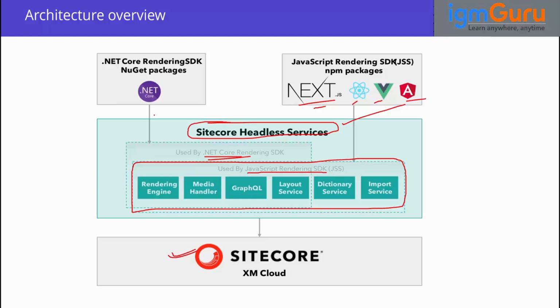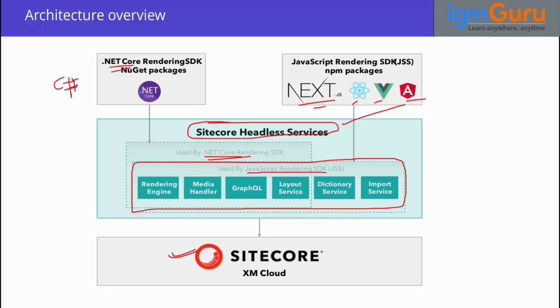But let's suppose you are not good with JavaScript-based frameworks. You have the option to write your C# code, and for that they are providing the solution through .NET Core. Remember, it's not .NET Framework, it's .NET Core.